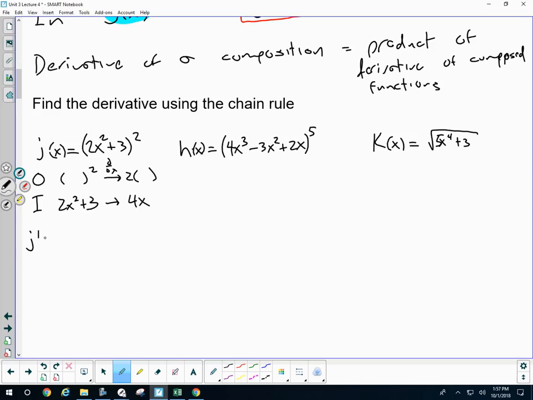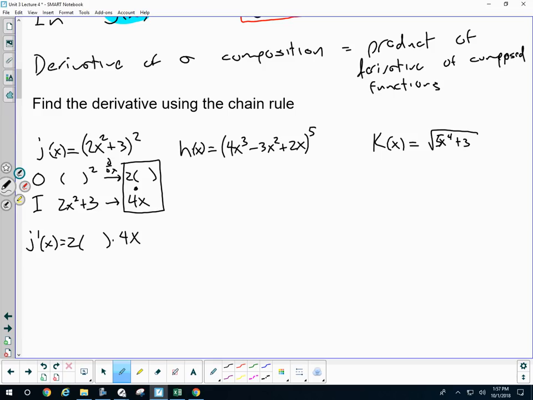Doesn't happen often in this class. Okay, now I'm ready to write the derivative of J down because the derivative using the chain rule is just the product of the derivatives of the individual functions that are being composed. This is 2 parentheses times 4x.